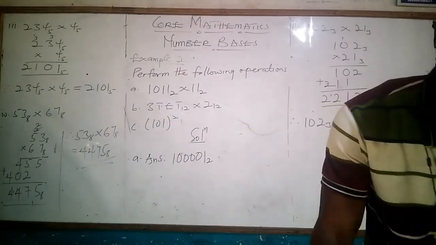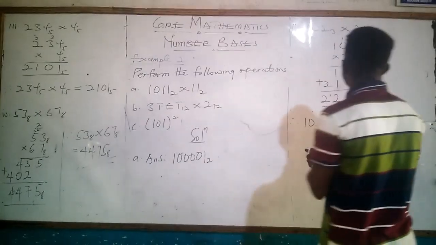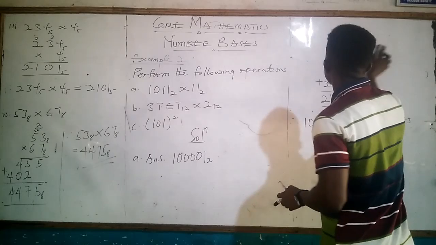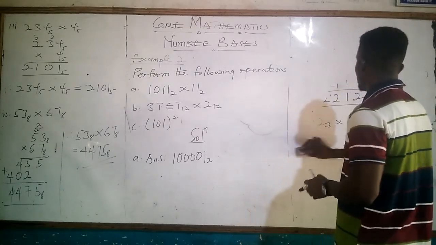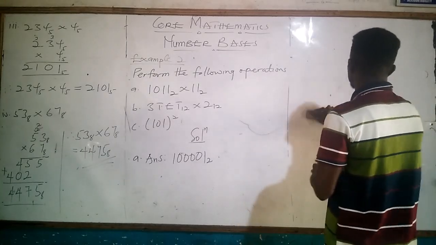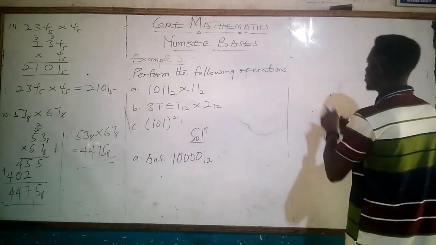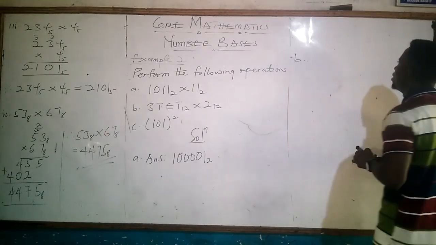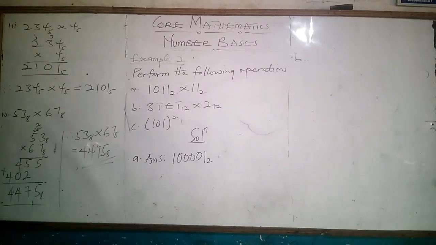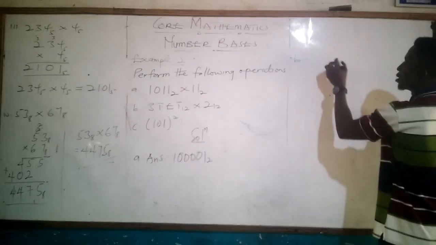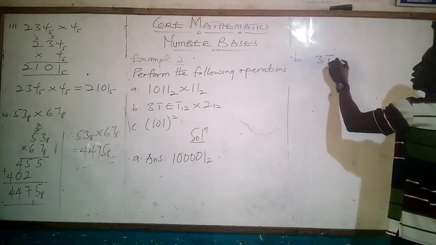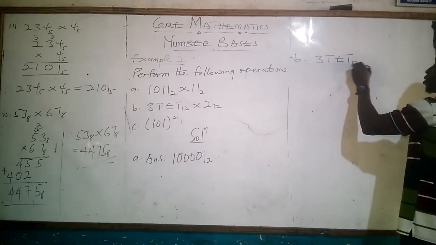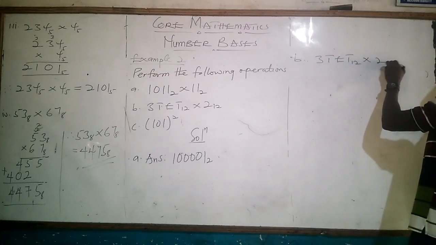So let's tackle the B. So I'll have B. And the B is what? 3t base 12 times 2 base 12.